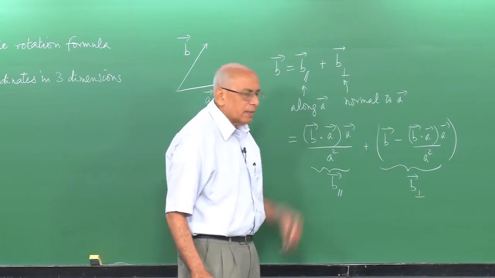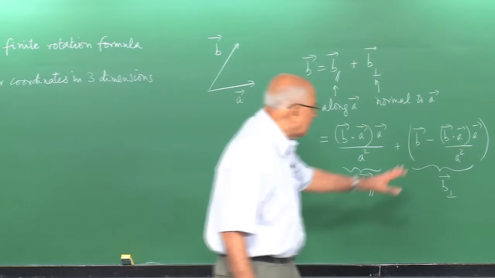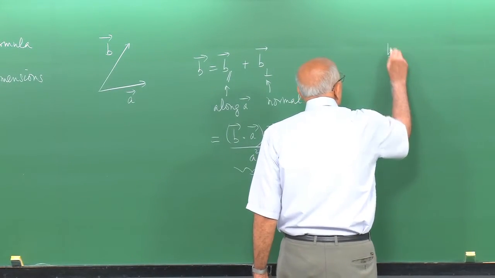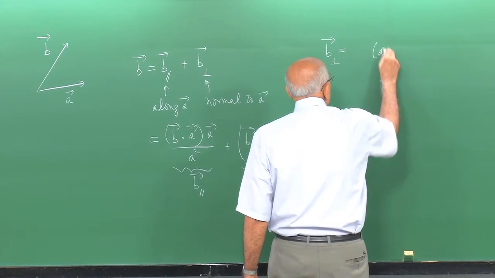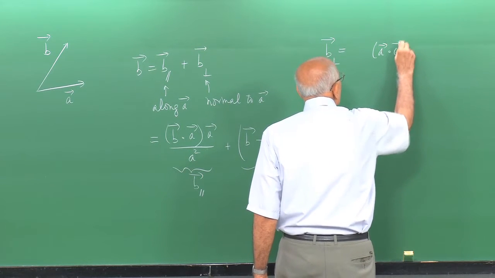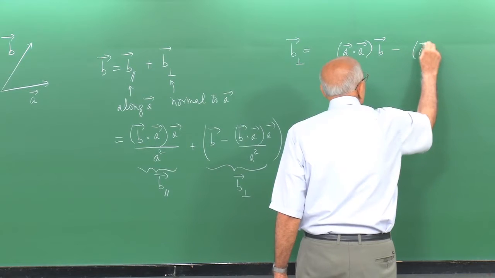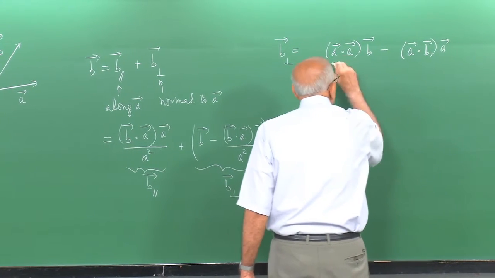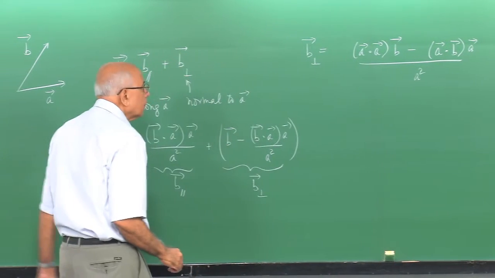This was just an identity, but now that we know what the triple cross product does, this can be written down in a slightly more simple form, and that is the following. B perpendicular is, moving the A squared to the top and writing it as A dot A, we have A dot A B minus A dot B A divided by A squared, taking this common factor out.